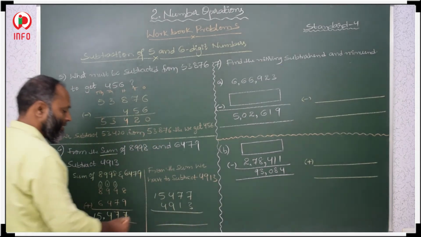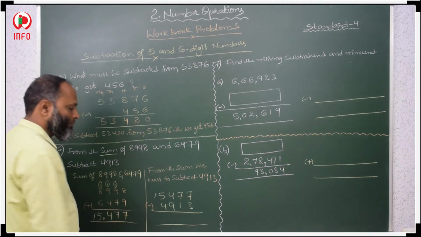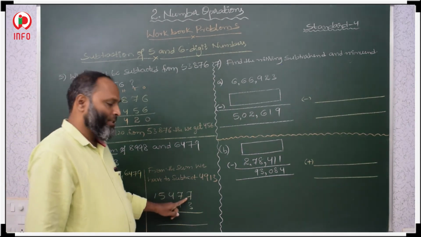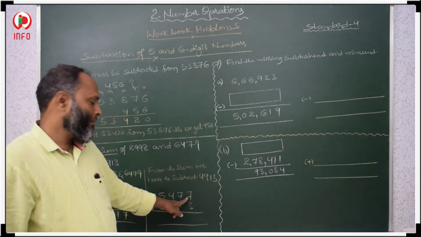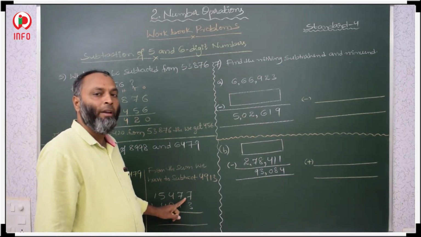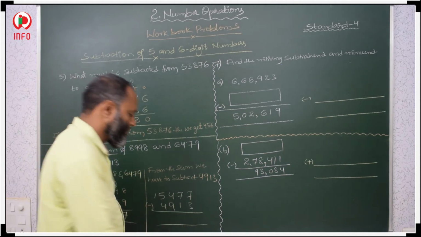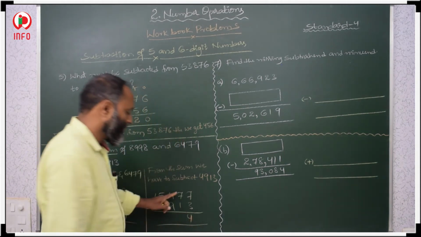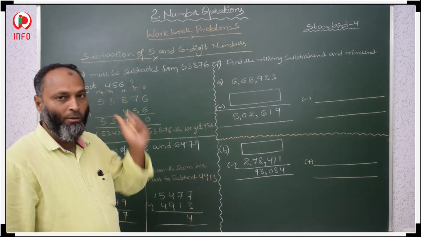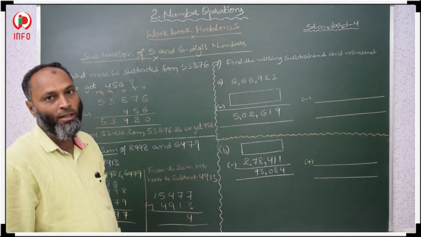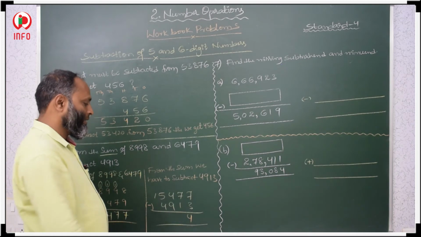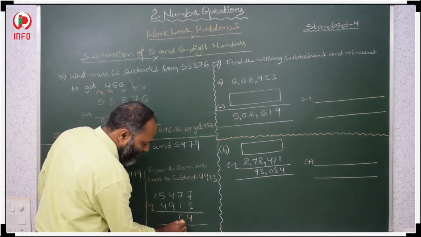Then minus it. 7 minus 3. This is the bigger number, no need to take borrow or regroup. From 3 to 7: 4, 5, 6, 7. It is 4. 7 minus 1: if you make minus from any number, we have to get a reduced number. What is the reduced number? 7 reduced by 1 is 6.